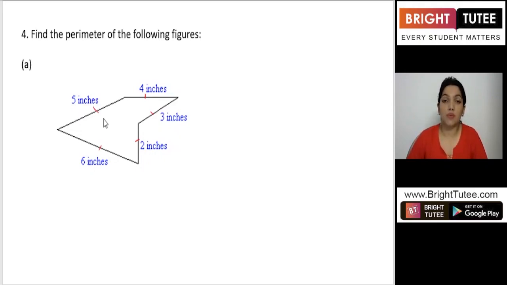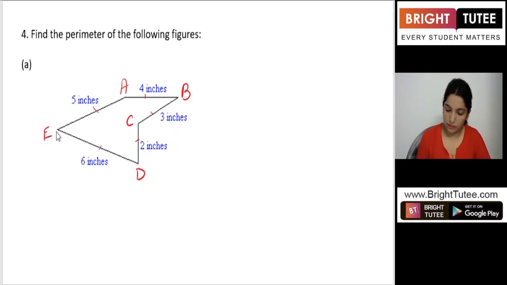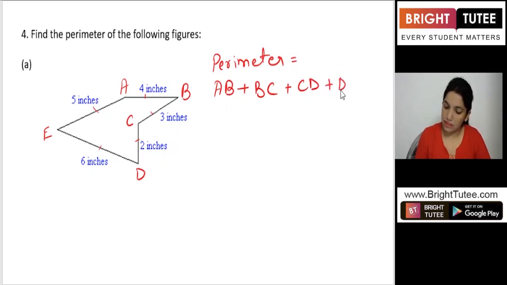Now let us find what is the perimeter of this particular shape. Here let us again name this particular shape as A, B, C, D, E. Now let us write down perimeter is equal to AB plus BC plus CD plus DE plus EA.